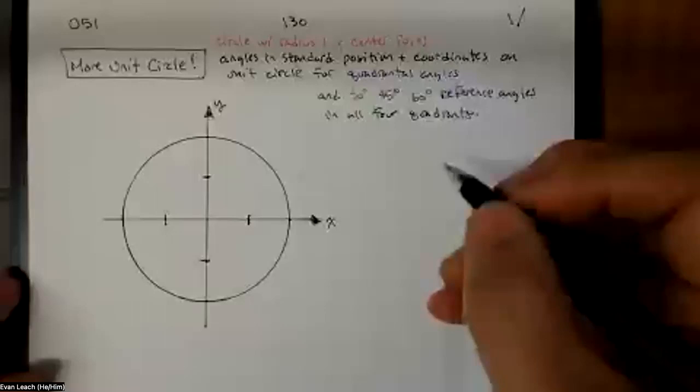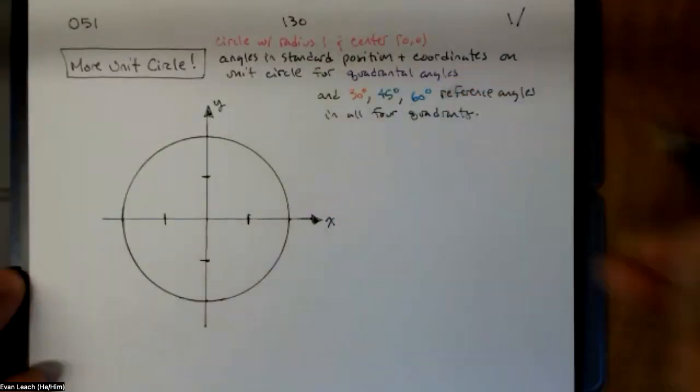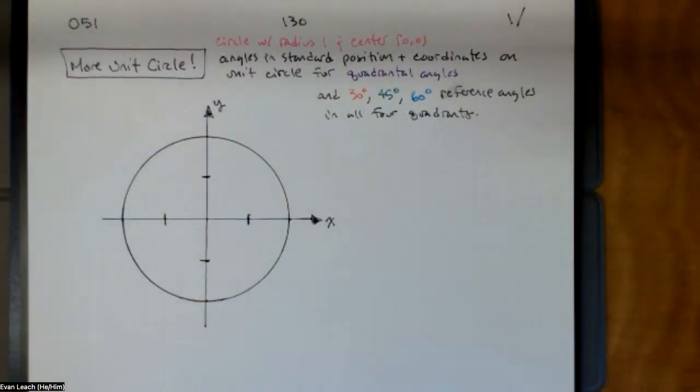I want to know the angles in standard position and the coordinates on the unit circle for all these angles. I want to be able to name the angle and name the coordinates on the unit circle of radius 1. And I want to know this for all 4 quadrants.